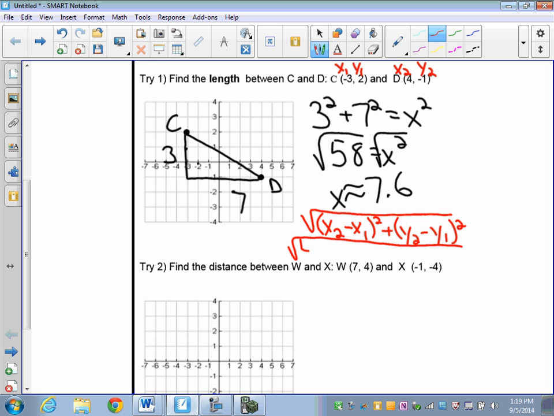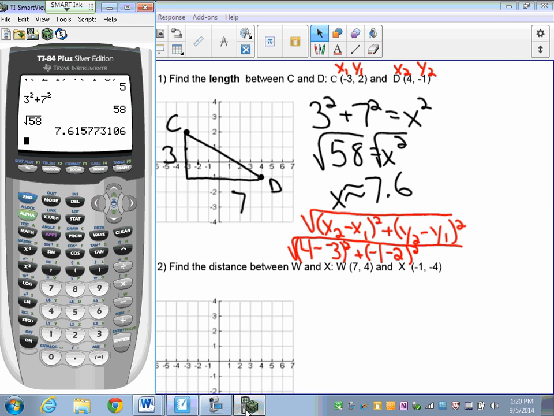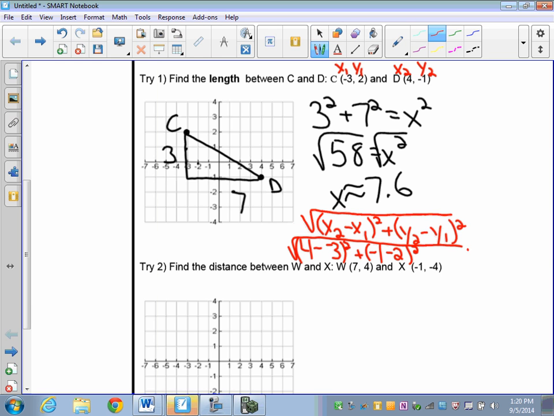So x2 is 4 minus negative 3 squared plus negative 1 minus 2 squared. I'm just going to put it in my calculator exactly like that. So the square root of 4 minus negative 3 squared plus negative 1 minus 2 squared. And sure enough, I get the same exact answer. I get about 7.6.